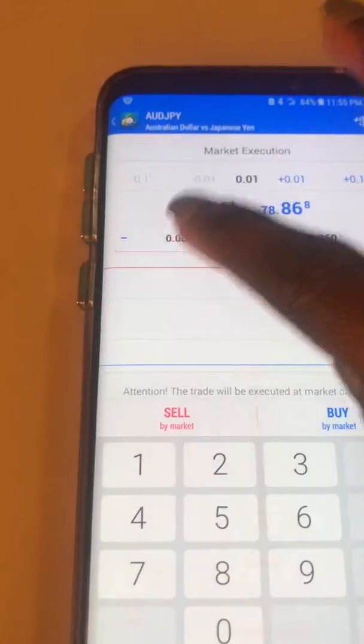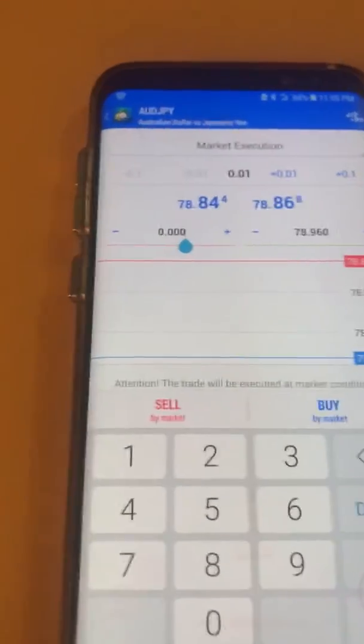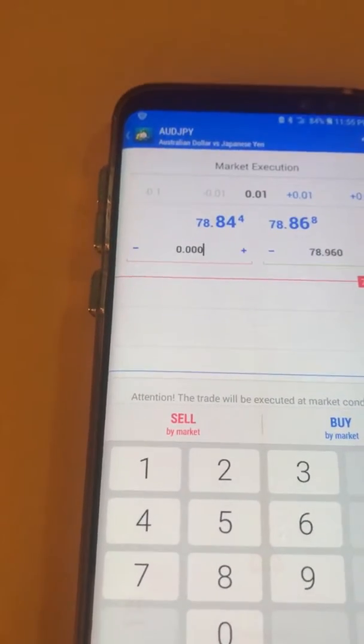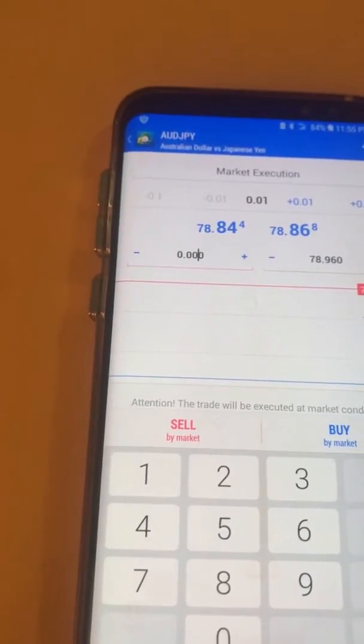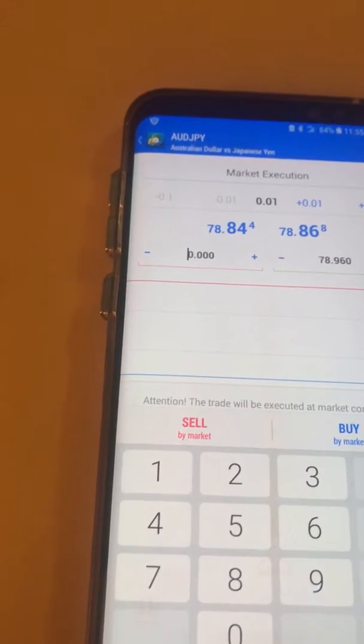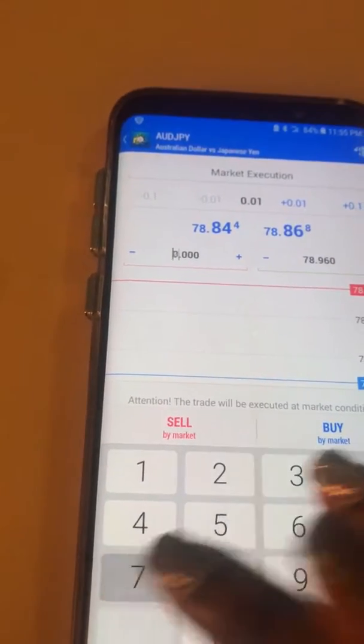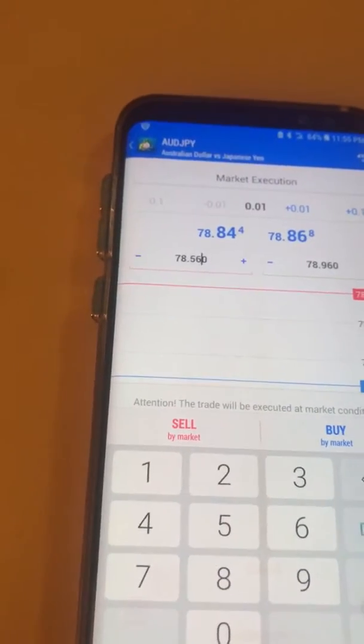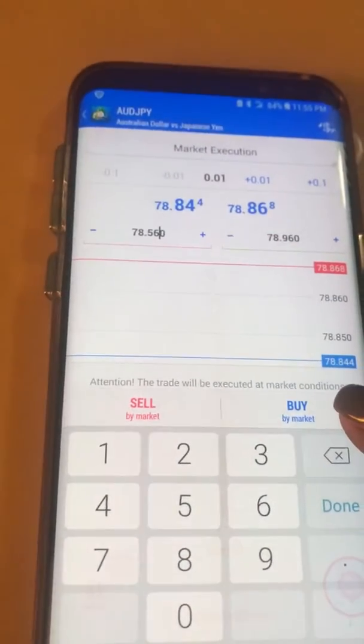Then you have a stop loss. Let's just pretend that your stop loss is 78.56. So again, you're going to back up all the way to that leading zero and type in 78.56. And then remember, we said this was a buy trade.